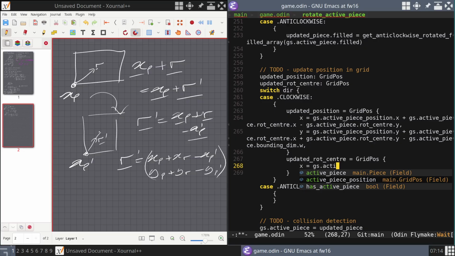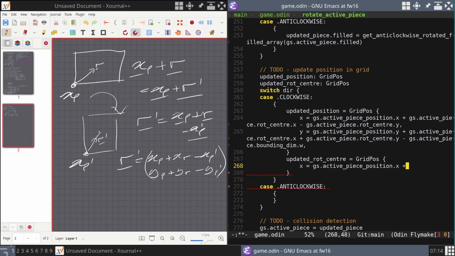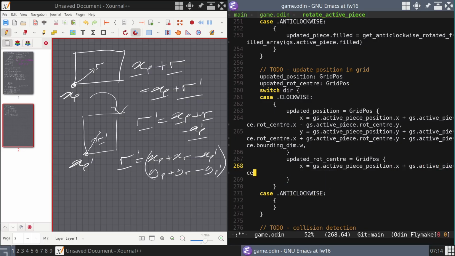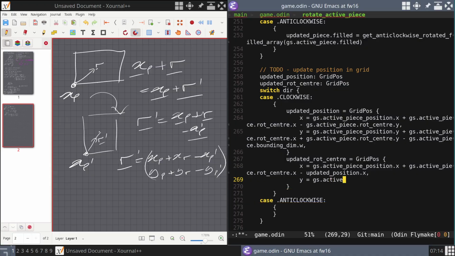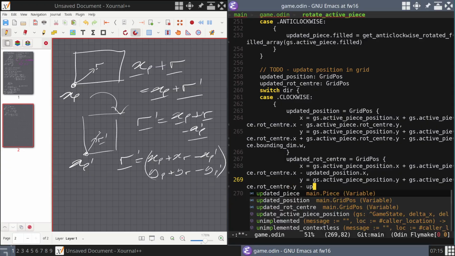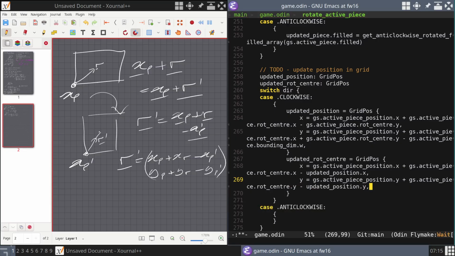GameState.active. There we go. Active piece position.x plus game state active piece.rot center.x minus updated position.x, and y is game state active piece position.y plus active piece rot center.y minus the updated position.y.